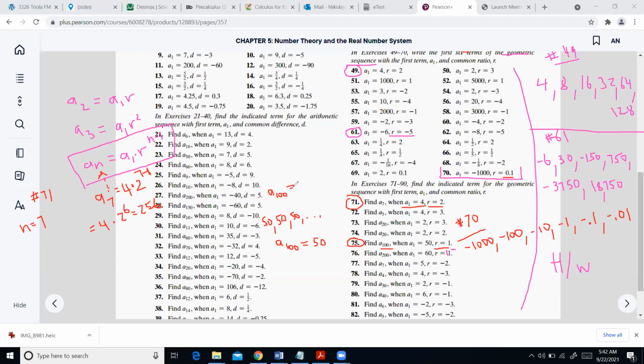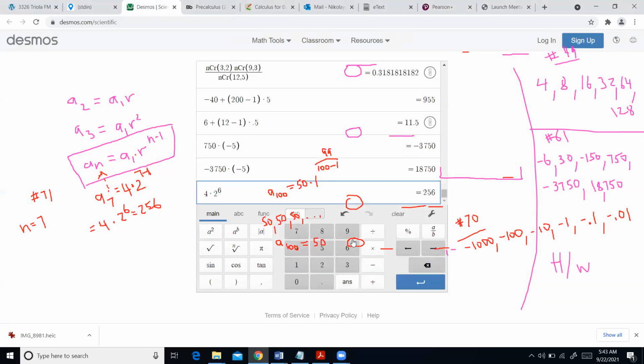And I utilize 50 for my first term, sorry. First term, ratio is 1 raised to the power of 100 minus 1. Minus 1, right? Which is 99. So you can put this in a calculator and get the answer, which is better be 50, right? It's better be 50.